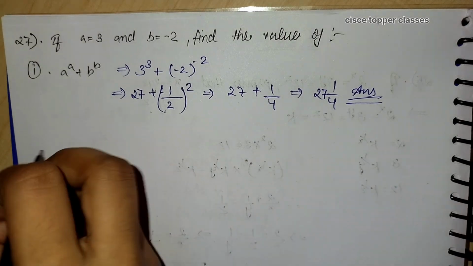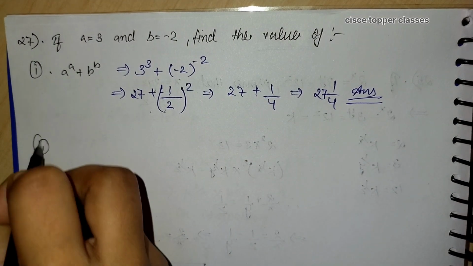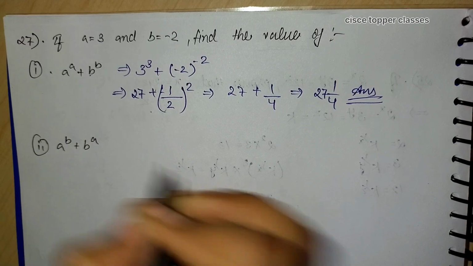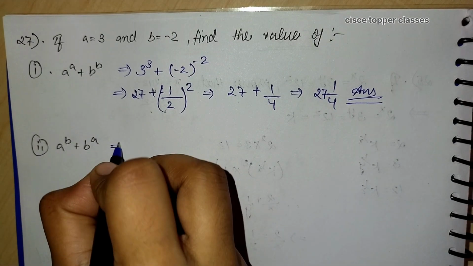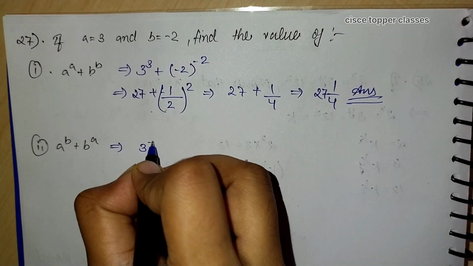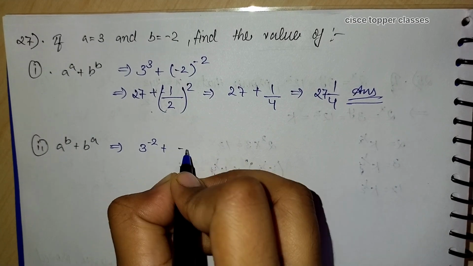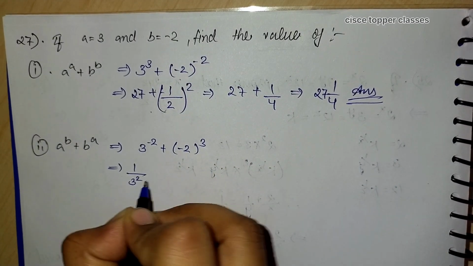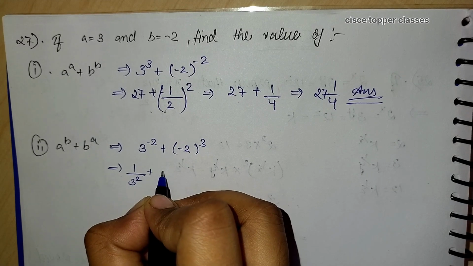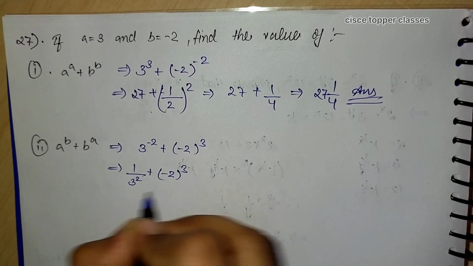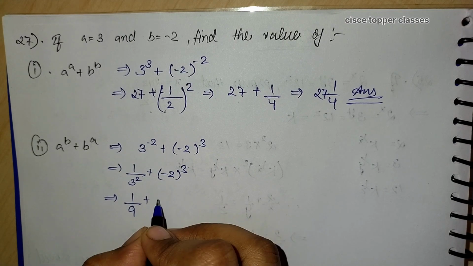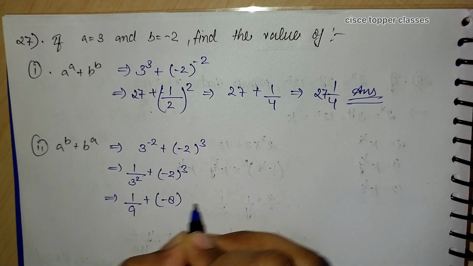Now the second part here is a^b plus b^a. So we can simply write this part as 3 to the power minus 2 plus (-2) to the power 3. So 1 by 3 square plus (-2) whole power 3 equal to 1 by 9 plus minus 8. So from here it is minus 8.